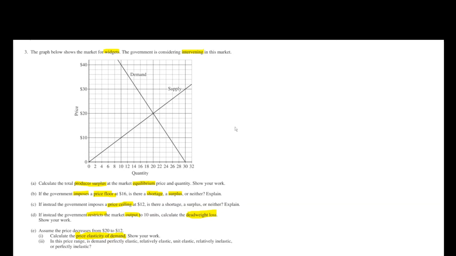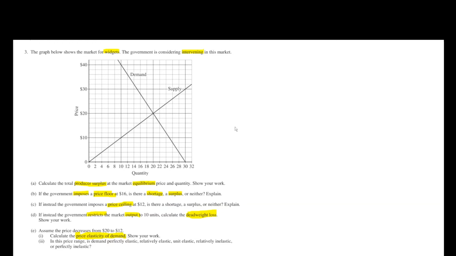And we've got several examples here. Perfectly elastic, so that's a horizontal demand curve. Relatively elastic, so that's going to be greater than 1. Unit elastic, so that is exactly 1. Relatively inelastic, so less than 1. And then perfectly inelastic, that's going to be vertical.